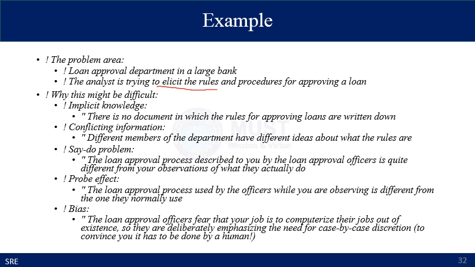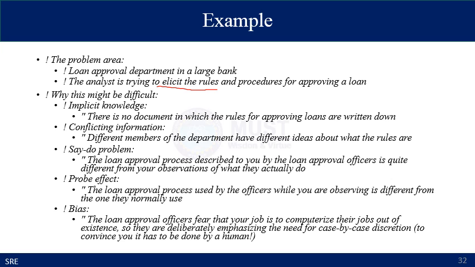The loan approval process described to you by the loan approval officers is quite different from your observations of what they actually do. So again, the probe effect: the loan approval process used by the officers while you are observing is different from the one they normally use.